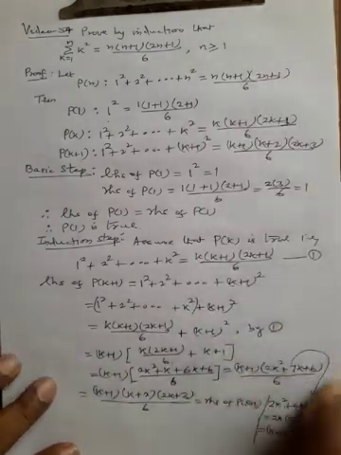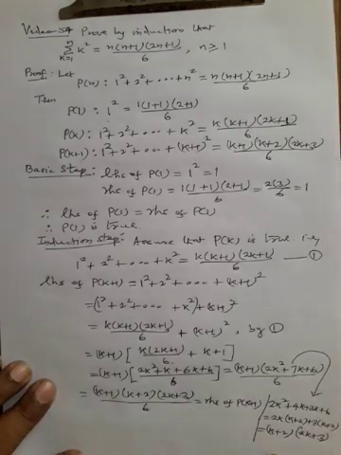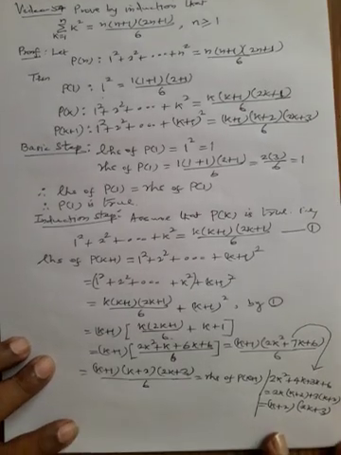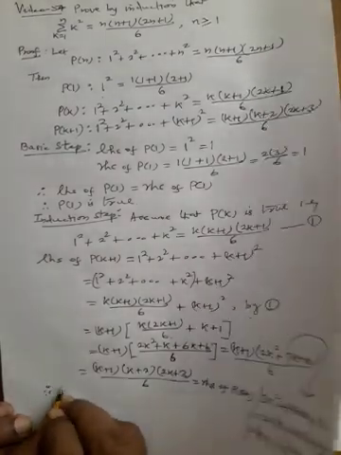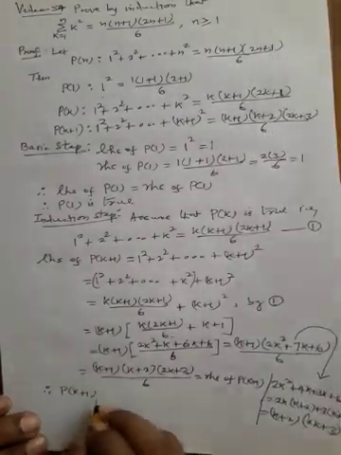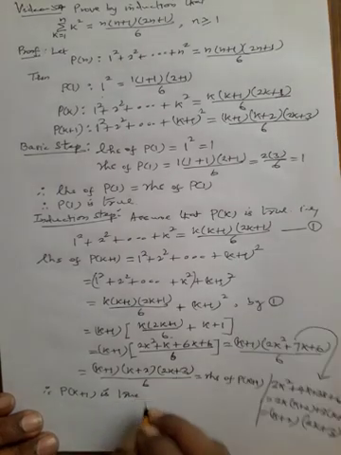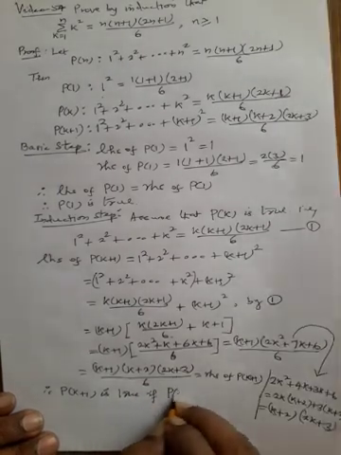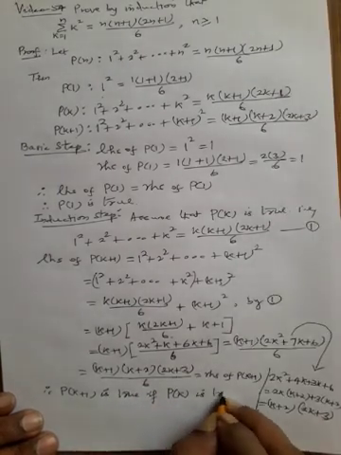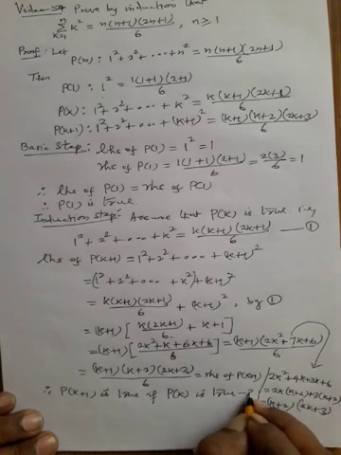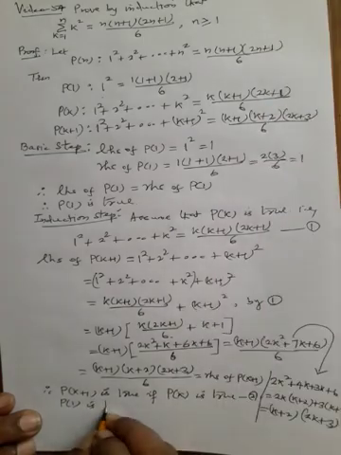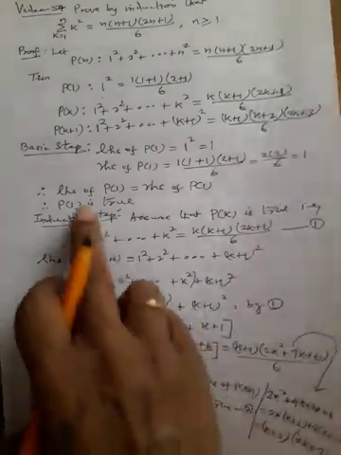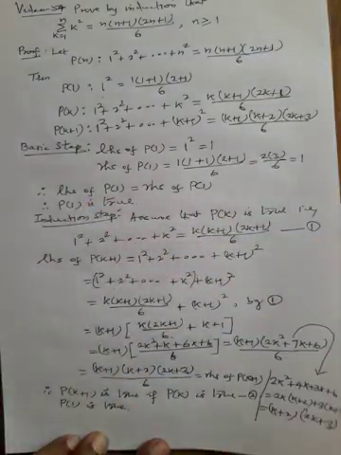Therefore, what is the conclusion now? Therefore, P of k plus 1 is true whenever P of k is true. This statement we call 2. P of 1 is true; already we proved LHS of P of 1 equals RHS of P of 1.